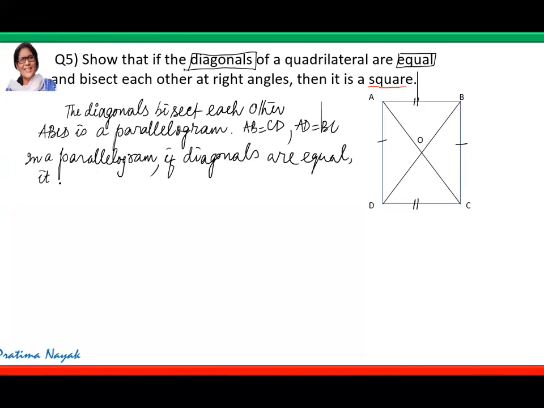So ABCD is a rectangle. That means each angle is 90 degrees. So angles A, B, C, D are all 90 degrees.